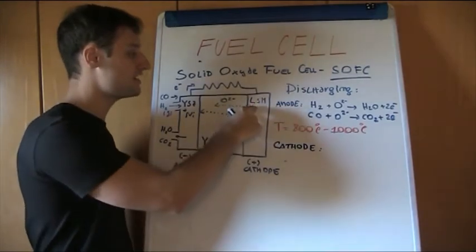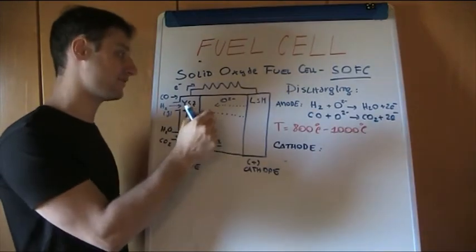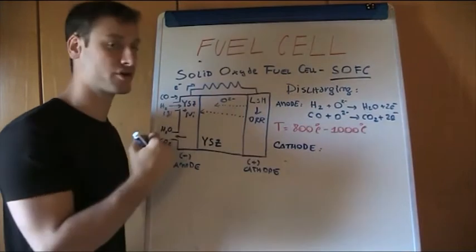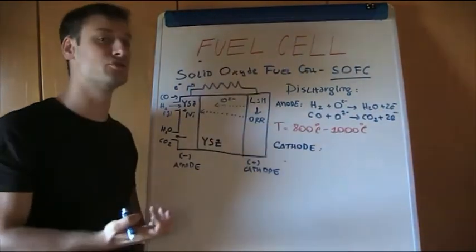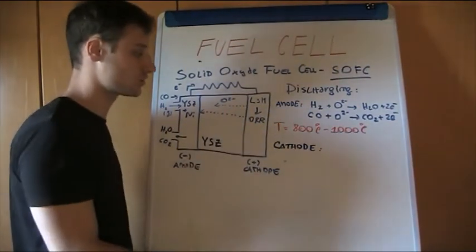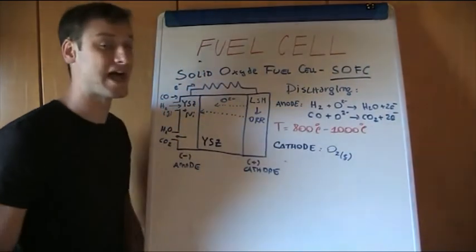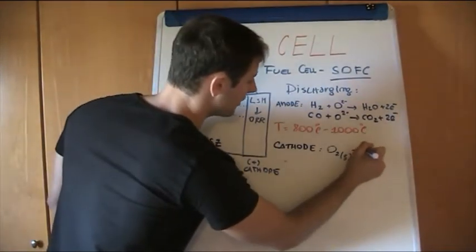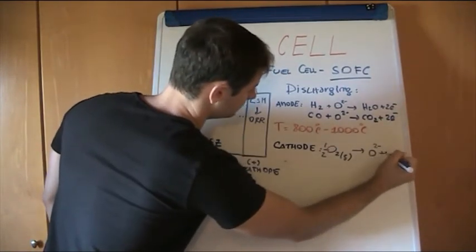But it's important to say that the lanthanum strontium manganite is active in promoting the oxygen reduction reaction only when we are working at a temperature higher than this one. And this is the reason for which the temperature is so high. Because if we want to promote the oxygen reduction reaction, from molecular oxygen collected from the atmosphere in a conventional gas diffusion electrode, we are able to promote the formation of these reduced species.